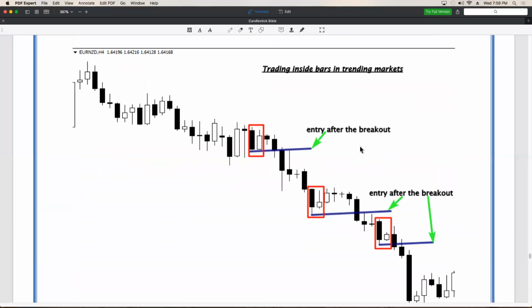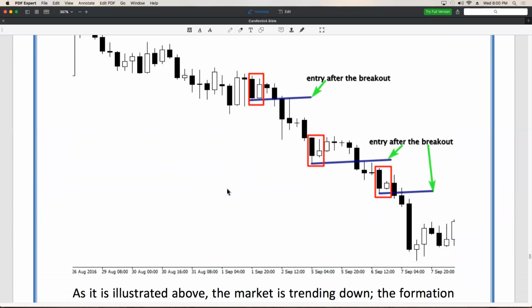Yes. So the entry after the breakout is at the bottom, and the stop loss is at the top of the mother.